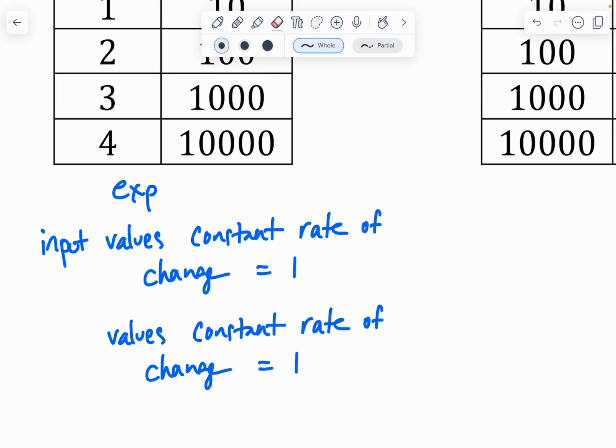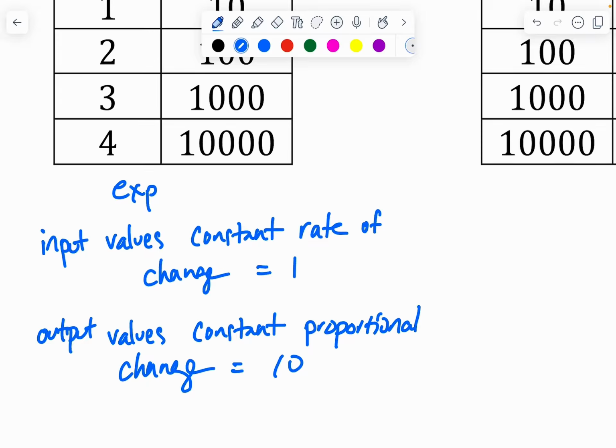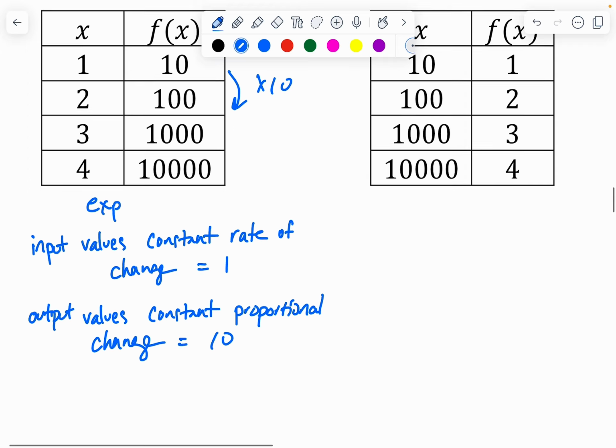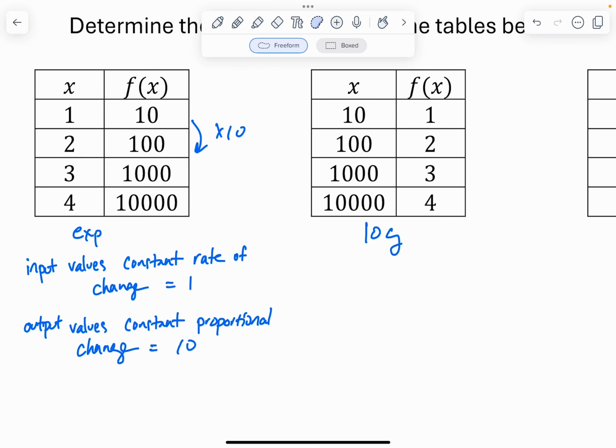The output values have a constant proportional change. In particular, their proportional change is 10. We're multiplying by 10 as we go down. The next one is going to be logarithmic because we're switching these two.